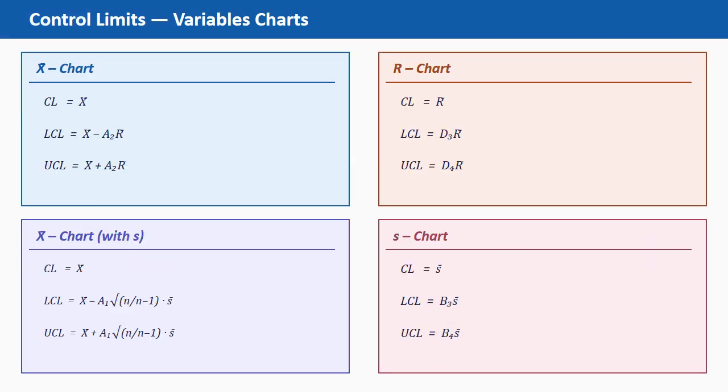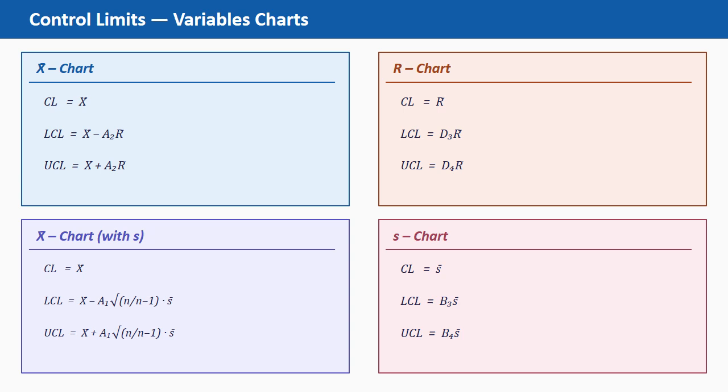Variables charts are used to monitor processes where data is continuous. The X-bar chart is used to monitor the average or mean of the process. It helps us understand whether the process is centered correctly. The R chart is used to monitor the range, which is the difference between the maximum and the minimum values in a sample. So it shows the variability in the process.